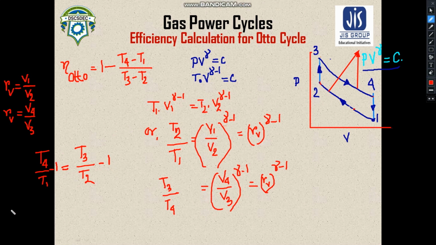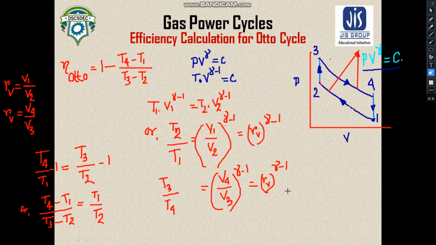So that gives this form: T4 minus T1 divided by T3 minus T2 would be simply T1 by T2.